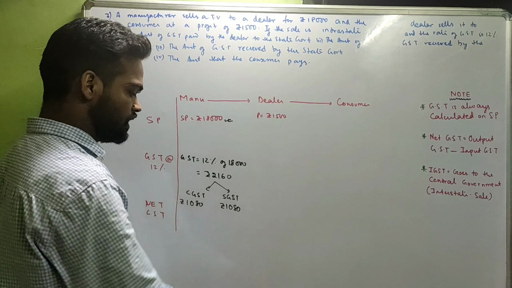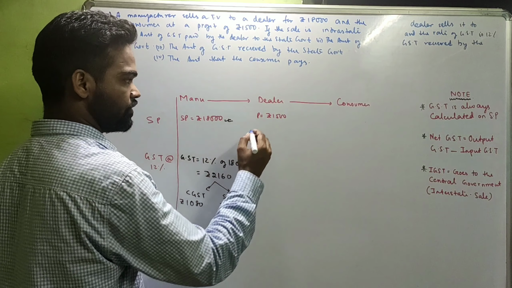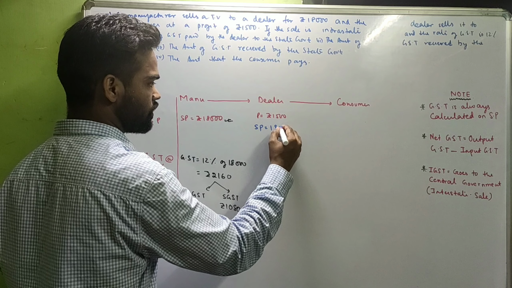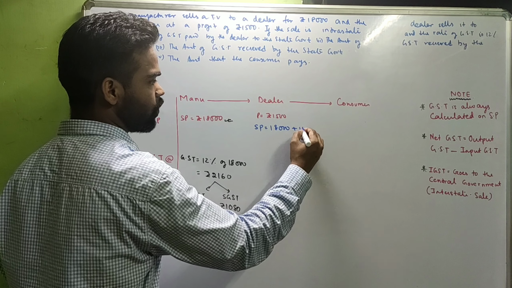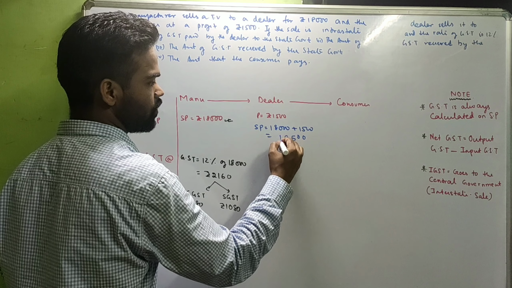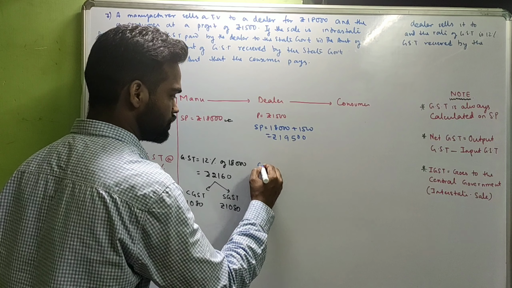Now, for the dealer, the dealer sells it at a profit of rupees 1,500. So for the dealer, the SP will be the CP, which is 18000 plus 1500, which is 19500, isn't it? Now the GST will be what?